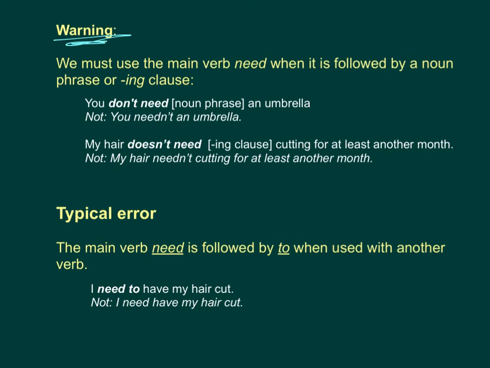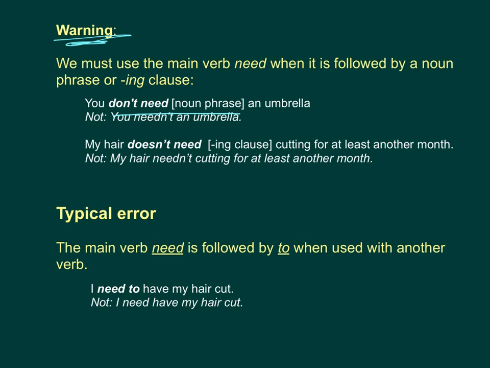Warning. We must use the main verb need when it is followed by a noun phrase or ing clause. You don't need, noun phrase, an umbrella. Not, you needn't an umbrella. My hair doesn't need ing clause cutting for at least another month.